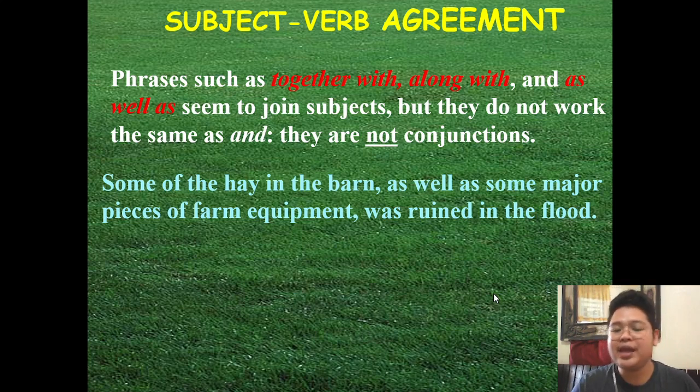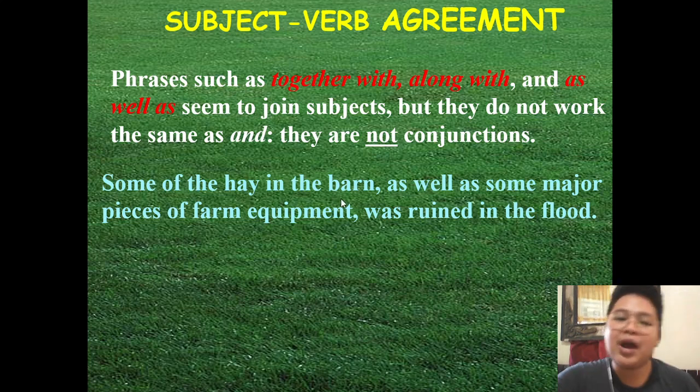If you encounter a word such as as well as, together with, along with, you can automatically disregard this one because these are just distractors.